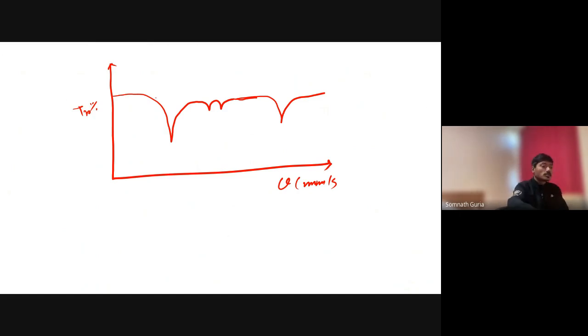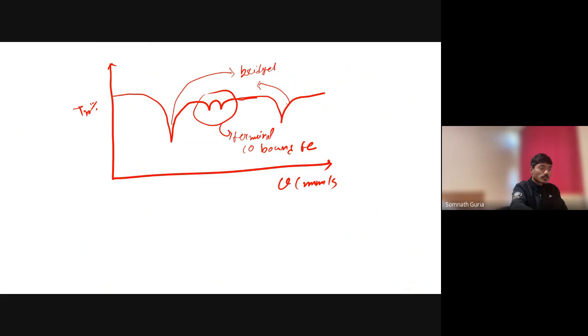Understand? This is because of the terminal CO bound iron, these two lines here, and this line because of the bridged carbonyl bound iron.